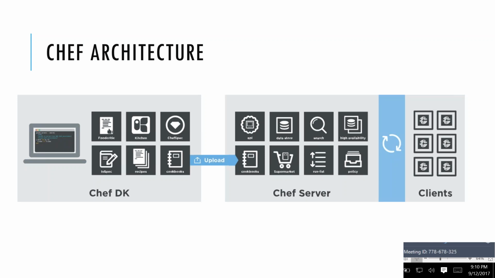Chef workstation is the main part of our cookbook development. This Chef DK is the package provided by Chef itself, which has all the development tools and all the testing tools as one single package.